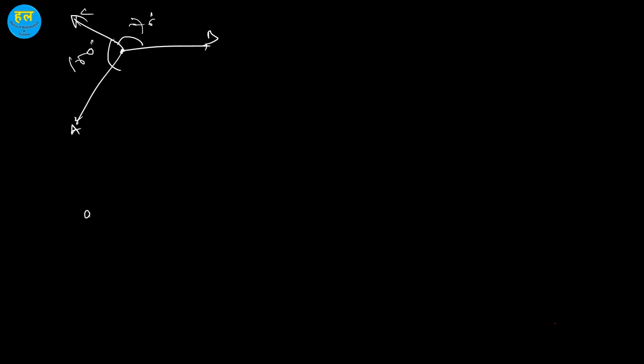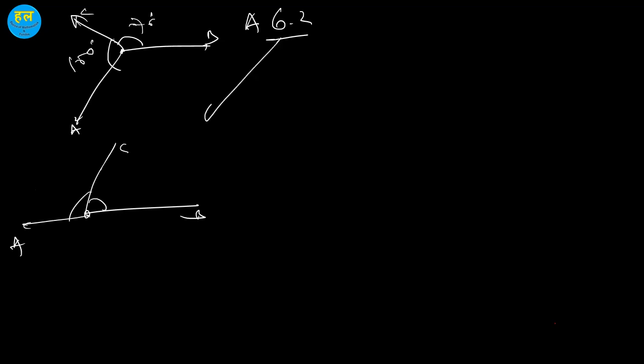From the figure what we have seen here, we get our axiom 6.2, and that is, if the sum of two adjacent angles is 180 degrees, then the non-common arms of the angles form a line. That is the linear pair of angles. What is the axiom?